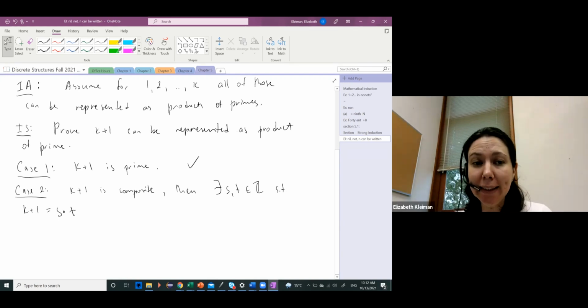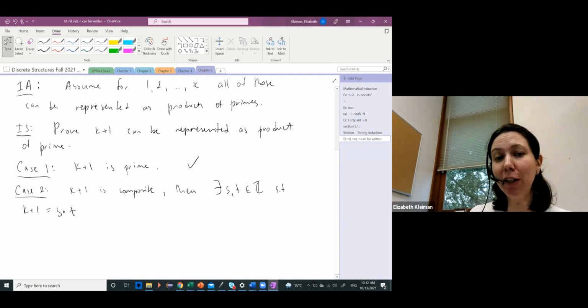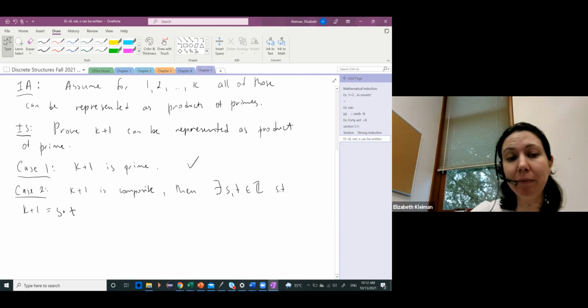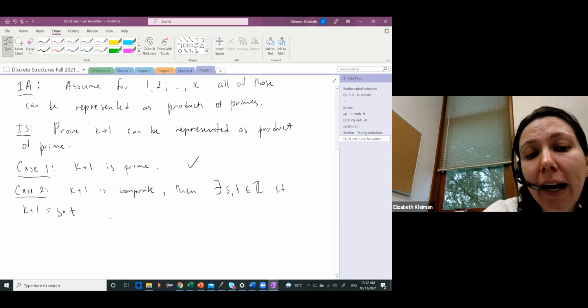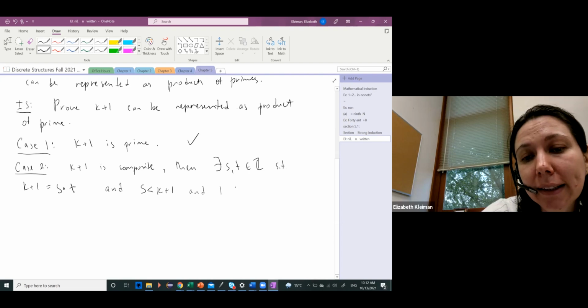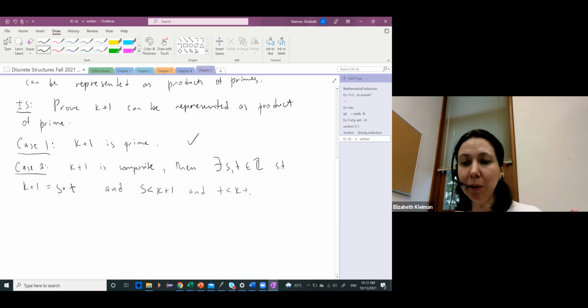In this case, we're not really using k. We found some numbers, and both s is less than k plus 1 and t is less than k plus 1. Do you agree with it? Because it's one number multiplied by another number, they have to be less than k plus 1. Agreed?